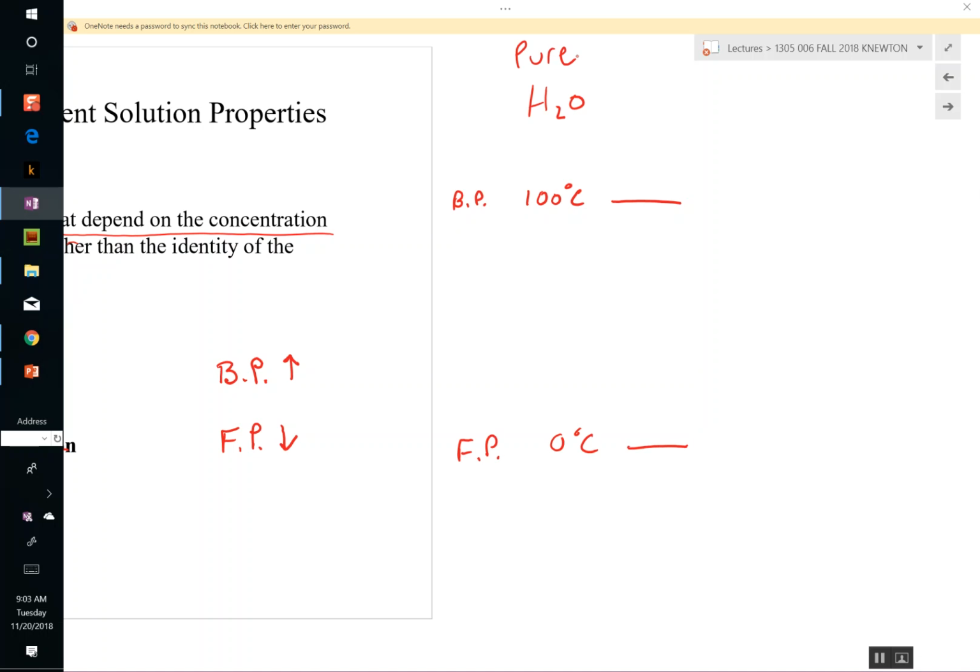What we're talking about here in colligative properties is you put anything in water. Put sugar in water, put sodium chloride in water, just anything you dissolve in water will make the boiling point go up. That's boiling point elevation. It will make the freezing point go down. Freezing point depression.